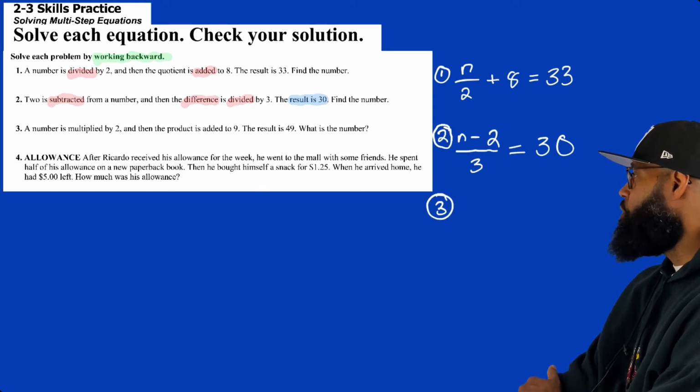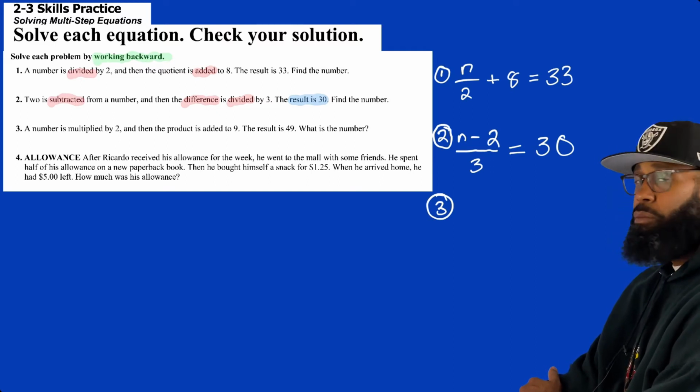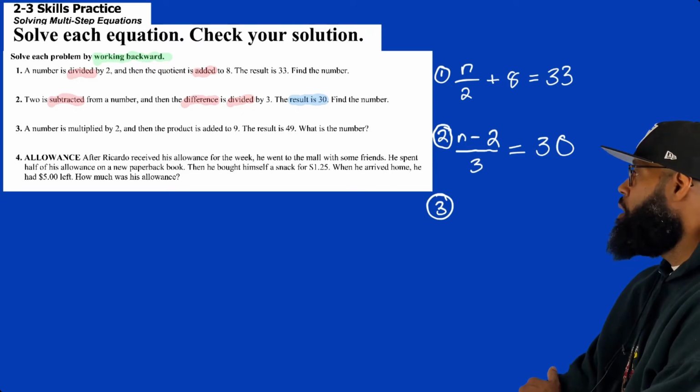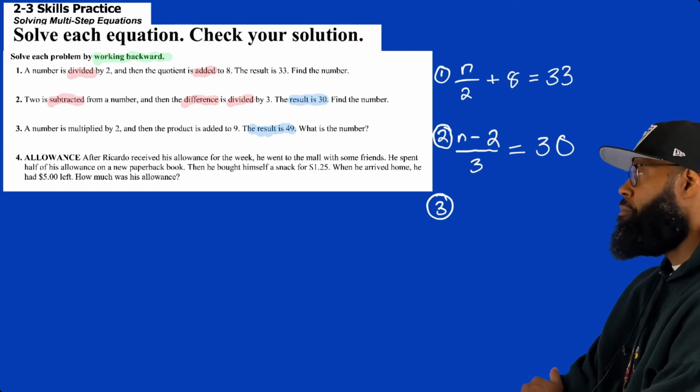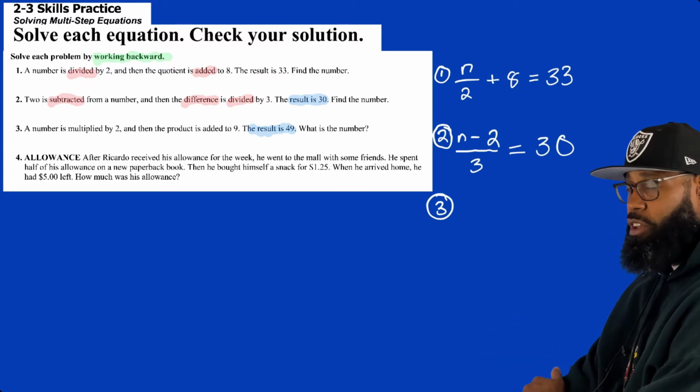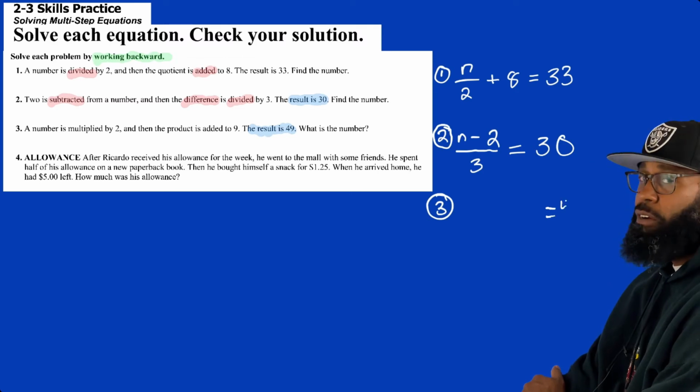This one says the result is 49. So again, I can just say equals 49, but again, what's happening to the number that we do not know is multiplied by 2. So honestly, divide 49 by 2, right? The opposite. But backwards. Inverse operation, working backwards, figuring out.